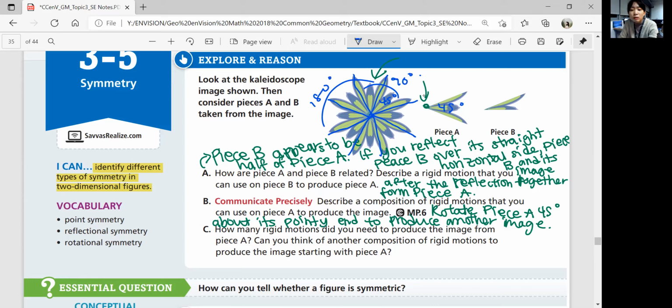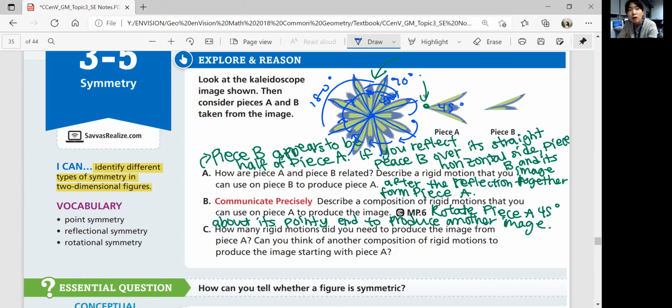So then you can say it needs to be rotated how many times? Well, starting from here. 1, 2, 3, 4, 5, 6, 7. You just need to copy it 7 times to make a total of 8 pieces, including your piece A, right? So rotate 7 times to produce the image.